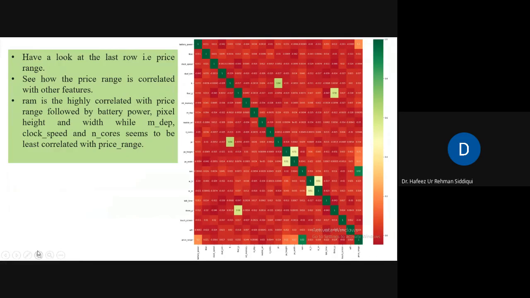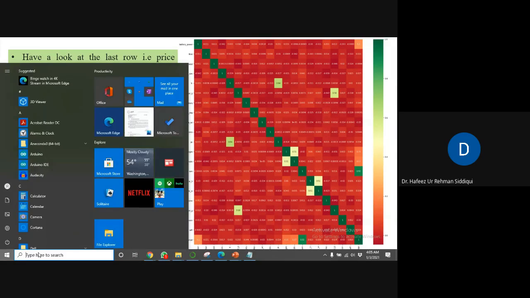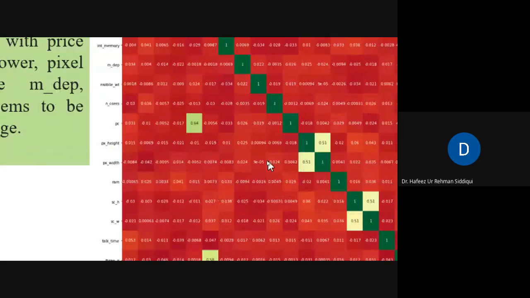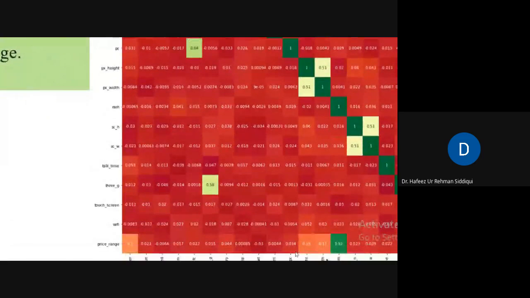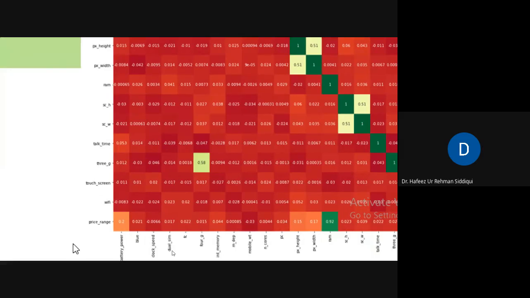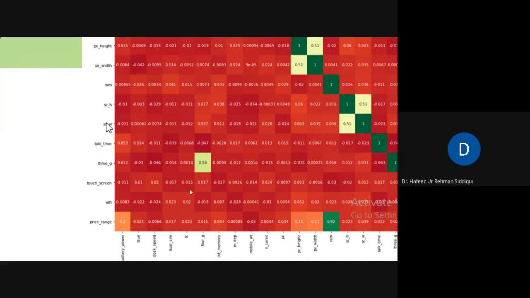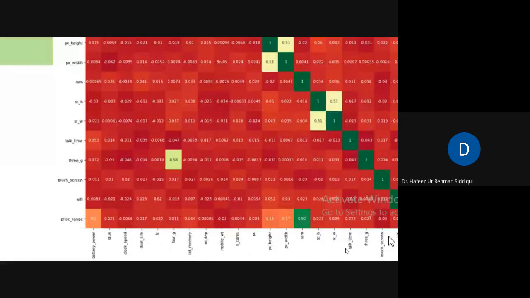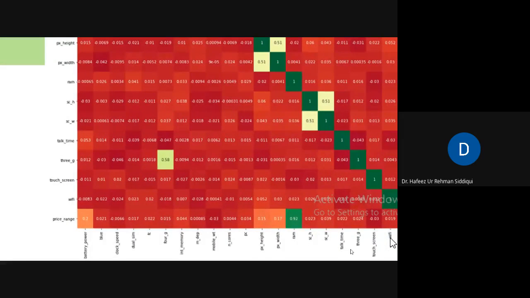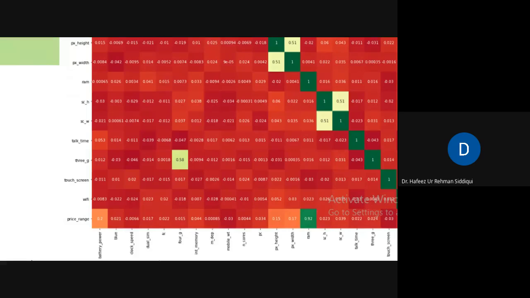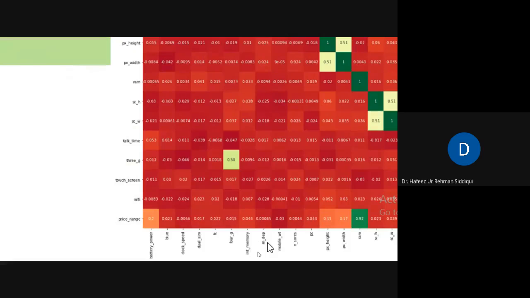Let me take a magnifier for this. Here you can see these are the columns, feature names, and here these are the same feature names as well. So you just look at RAM. Where is RAM? Yeah, this.